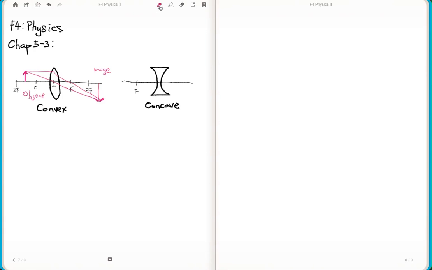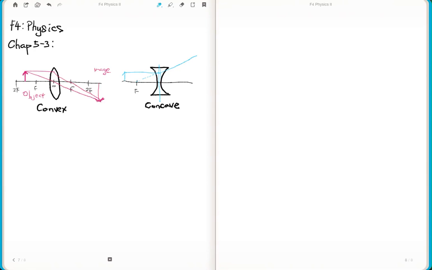And the same goes with this side. The object, parallel to it, what happens? It will be focused here and then out, converge. It's a straight line here.